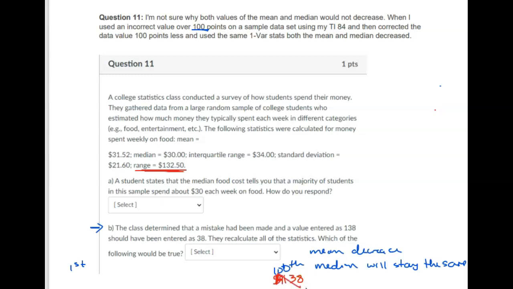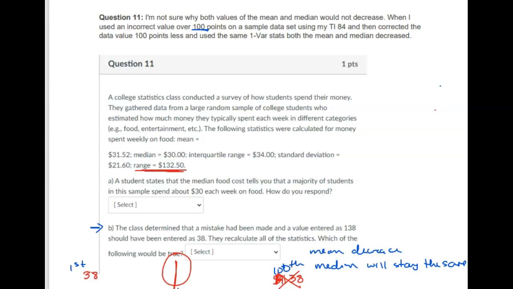So if I erase this and replace it with the 38 here, the median is not going to change because the median is the middle number. If you exchange a number here with a number here, that's not going to shift the center. But it will lower the mean, because the mean is calculated by adding everything and dividing by however many.